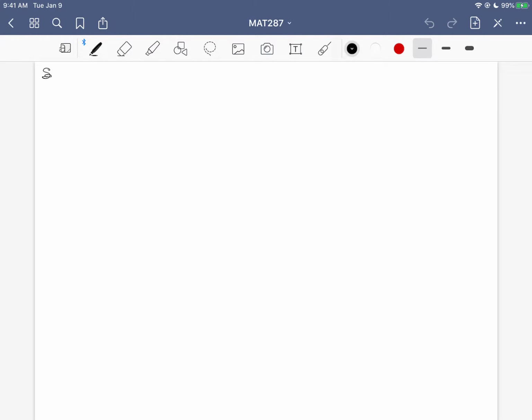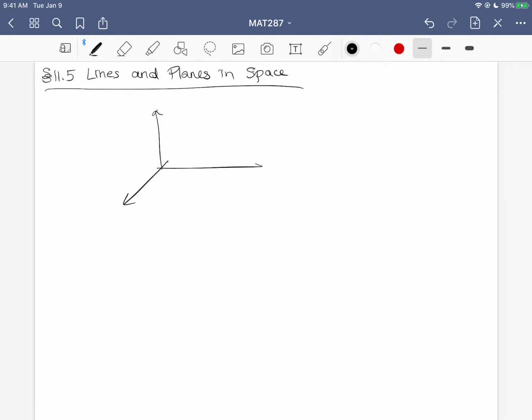Section 11.5 is lines and planes in space. So we're going to start with lines. Consider a line in space. Let's draw it like this.